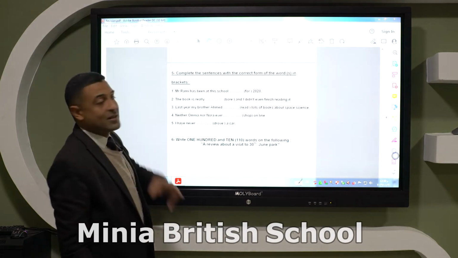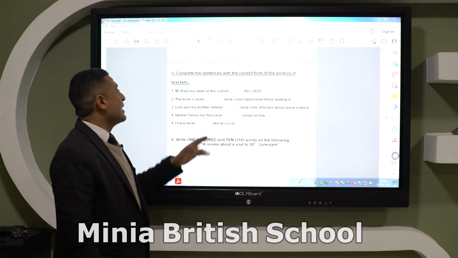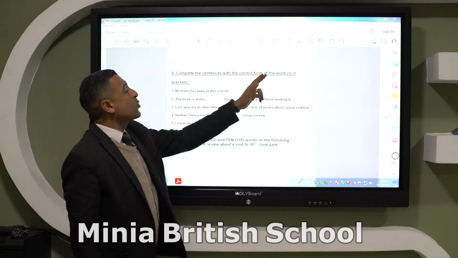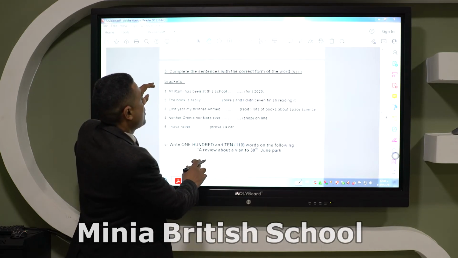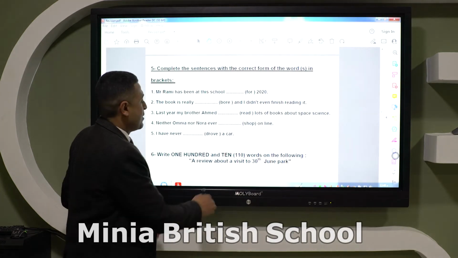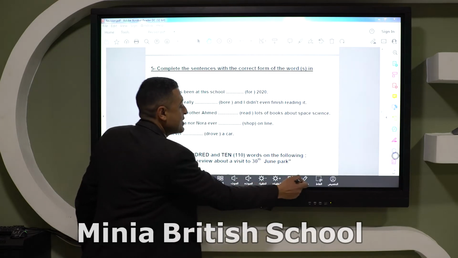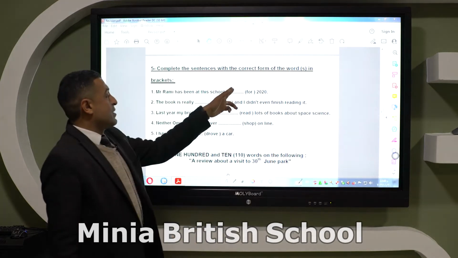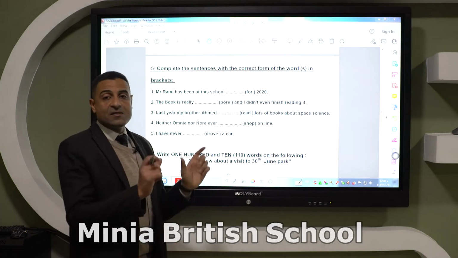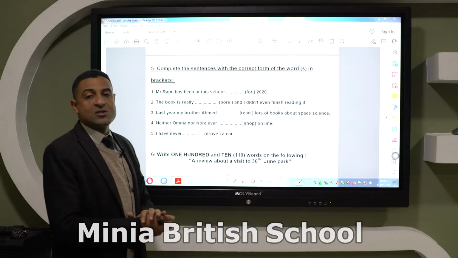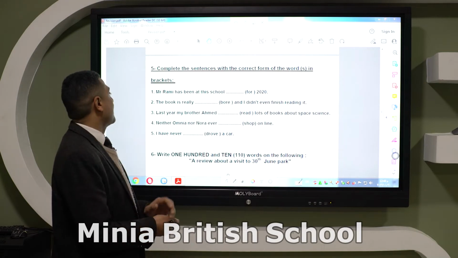Then we have the fifth question, which is to complete the sentences with the correct form of the words in brackets. As you can see, we have five sentences, and in these sentences one word is missing, but it gives me a word in brackets. I have to use the correct form of this word.